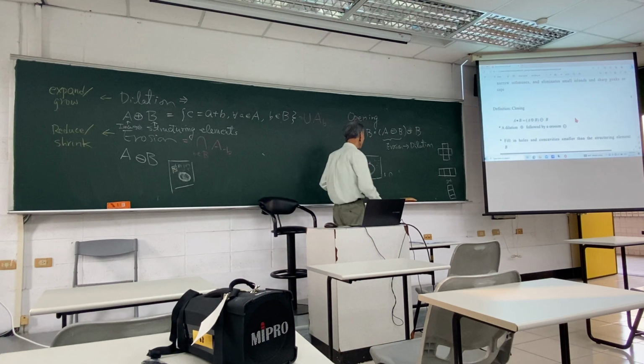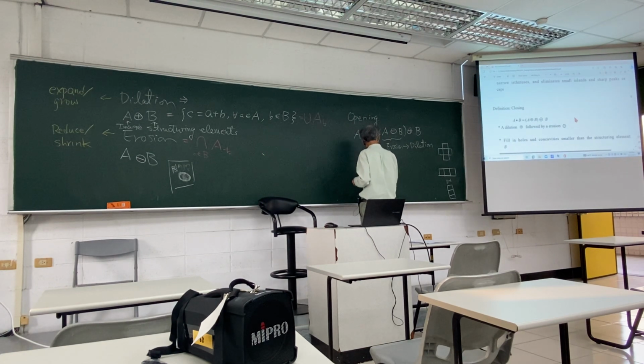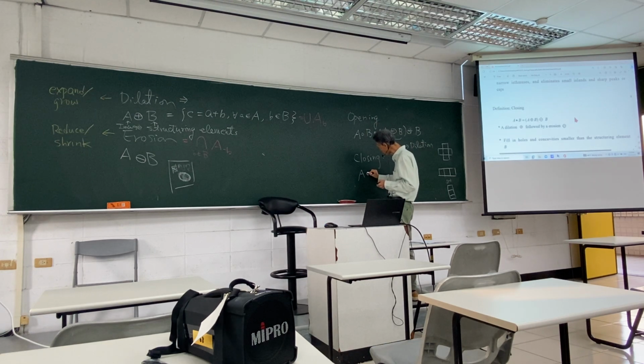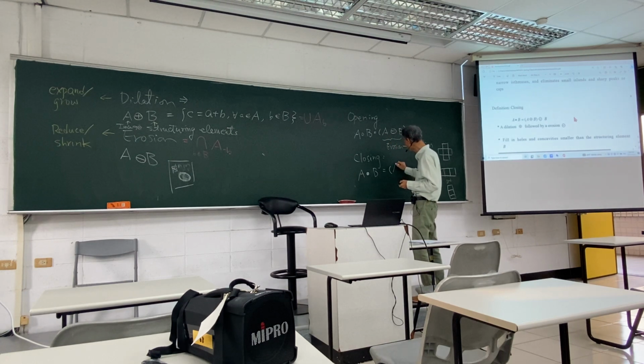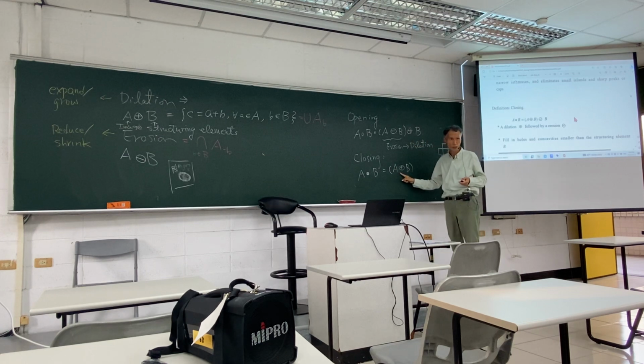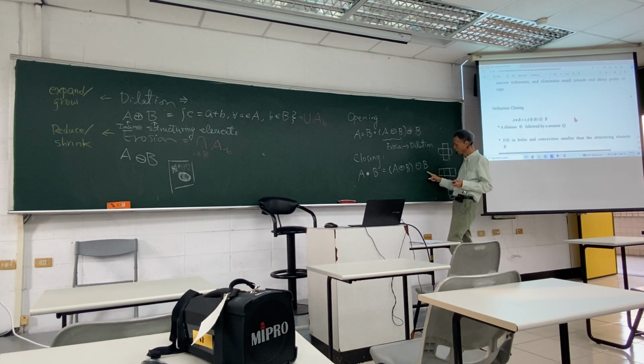Now, the other operation is called closing. The notation is you just use a solid circle, and you do the reverse, which means we go for the dilation first, and then erosion with the same structuring element.